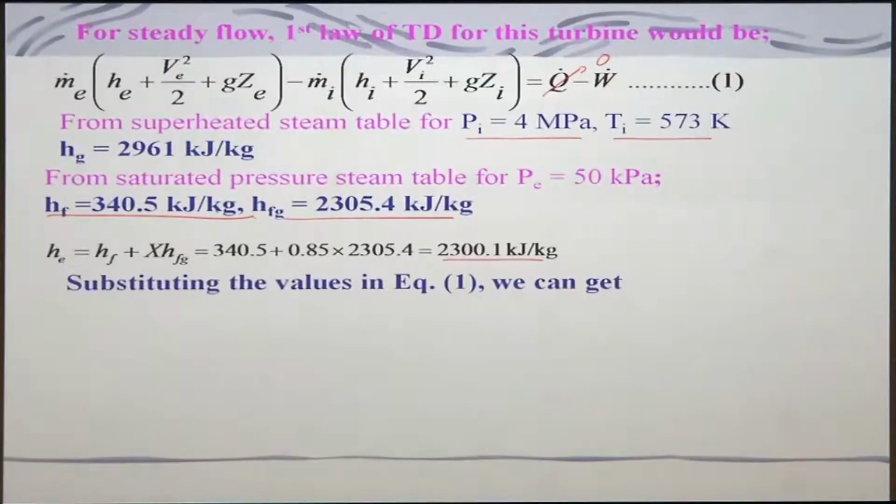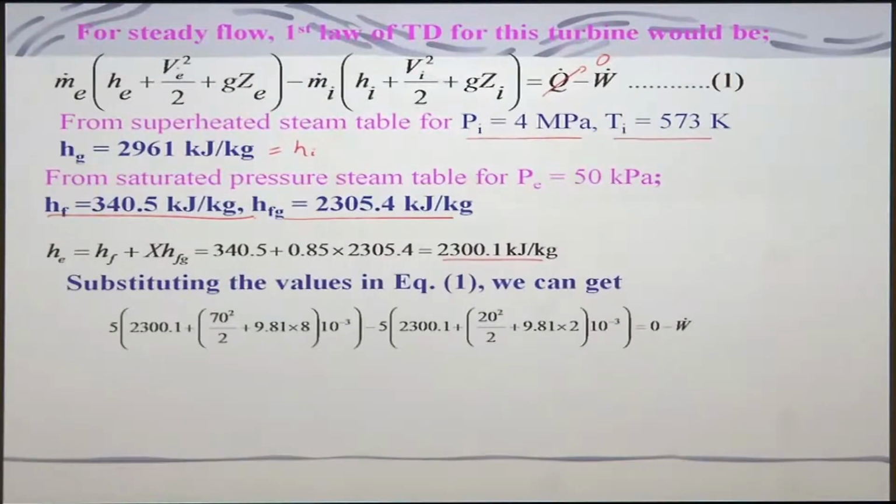And we will substitute this he and hi into the equation. The velocity V exit is given as 70 meter per second, and Z exit is 8 meter, and Vi is given as 20 meter per second and Zi is given as 2 meter.